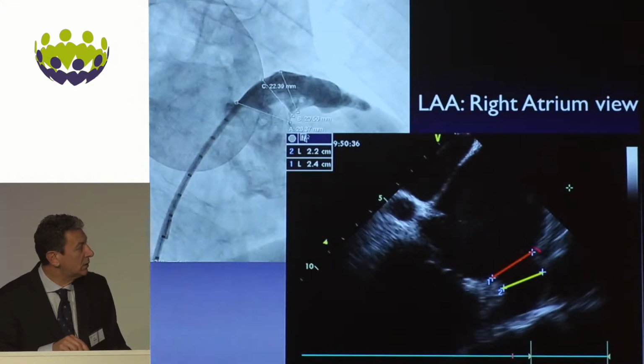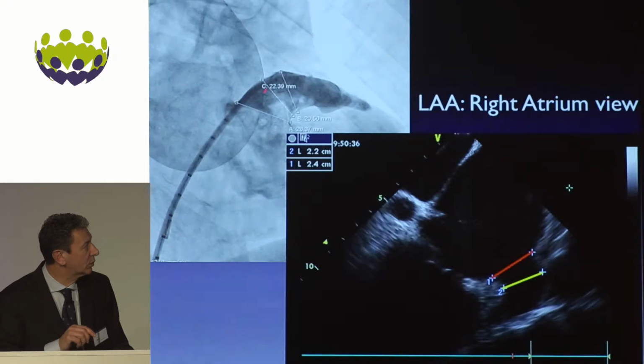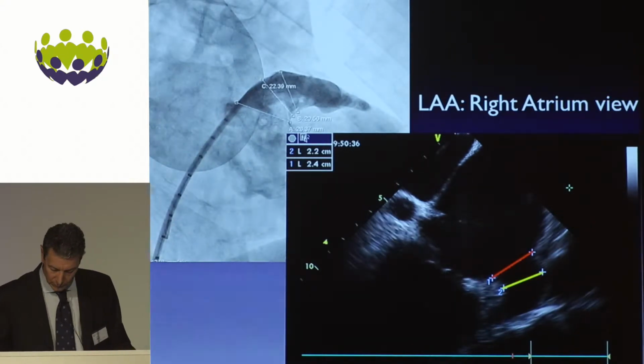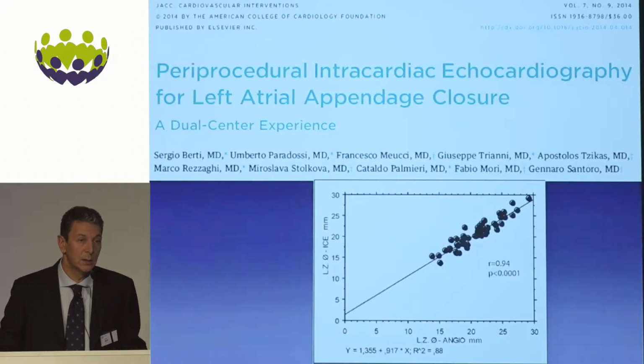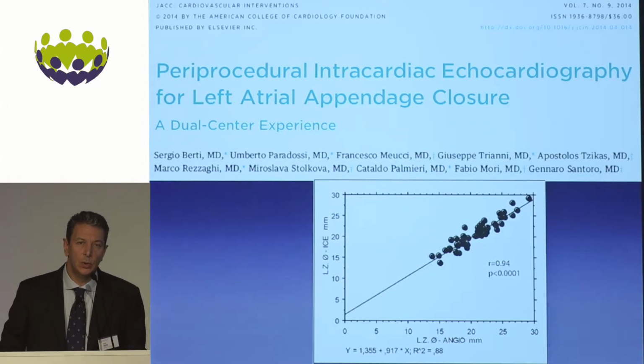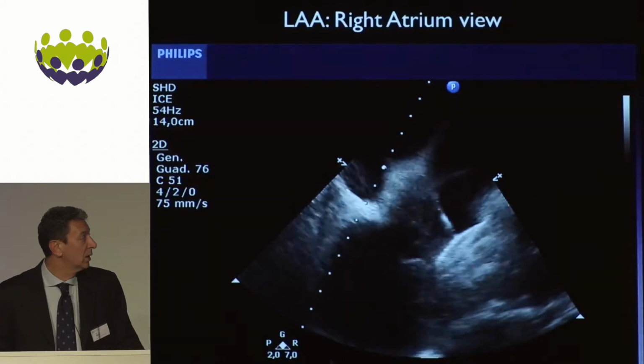This projection is similar to the right cranial projection in the angio. You see very well the ostium and the landing zone, and in our experience, we find a good correlation between these two measurements in order to select the right device for that patient.